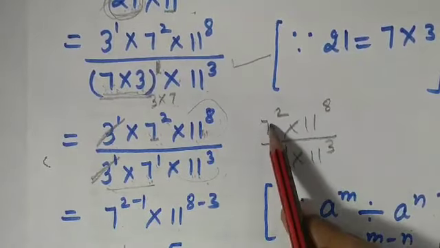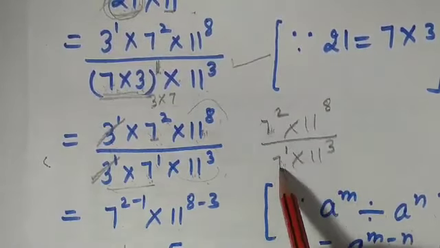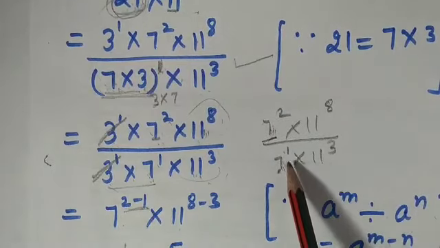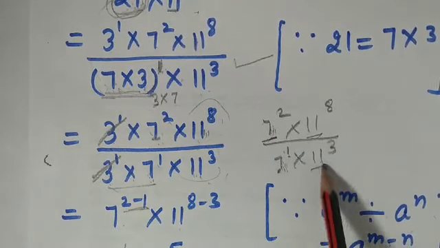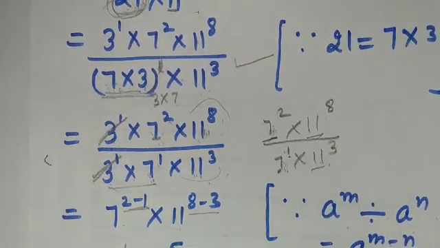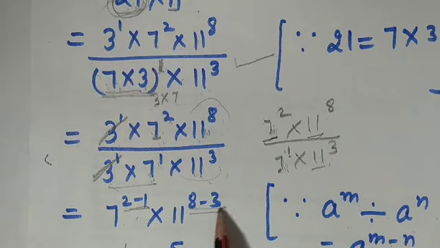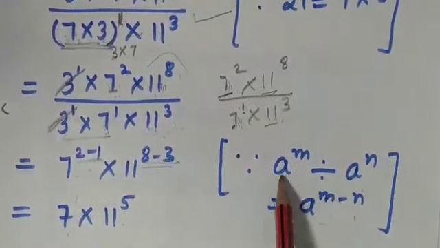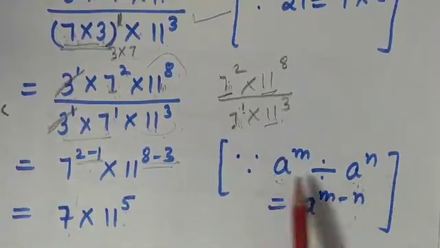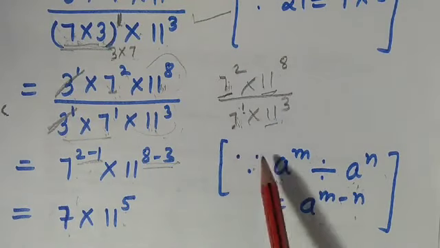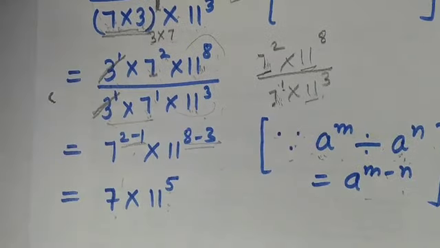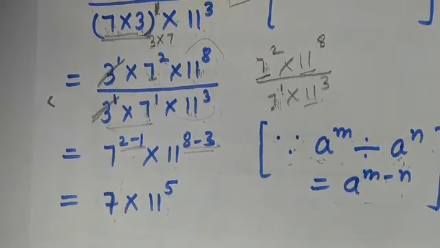Here I observe that if I am dividing these two exponential numbers, the bases are the same, so the powers get subtracted, 2 minus 1. Same here, the bases are the same, again the powers get subtracted. So it will be 7 raised to the power 1 into 11 raised to the power 5. And I have used this law. So you have to mention that because of this law, this step came. So this is your lecture number 3.